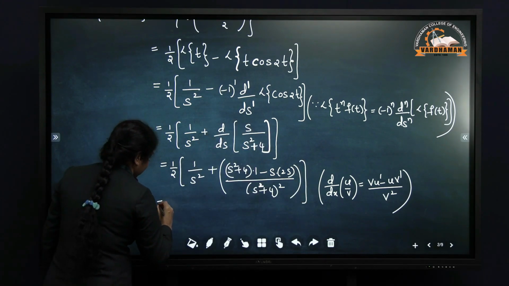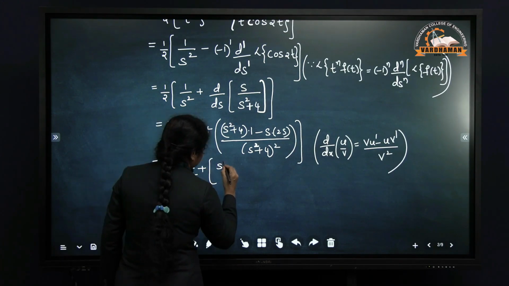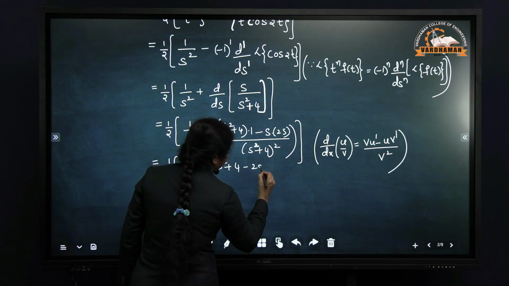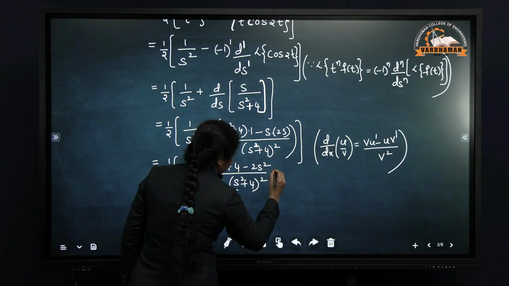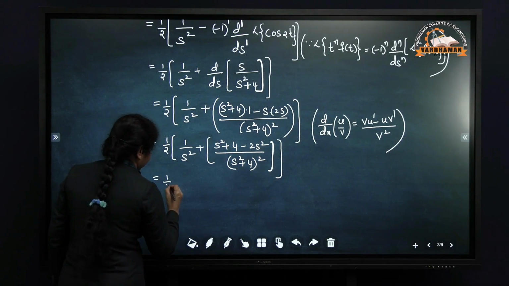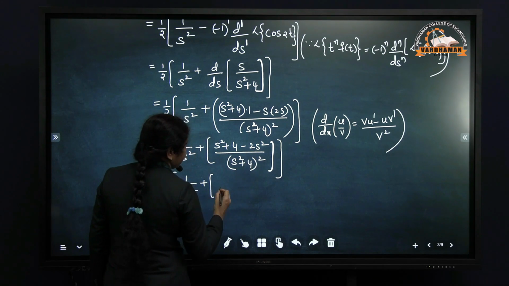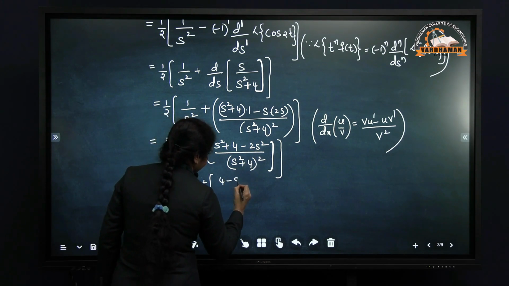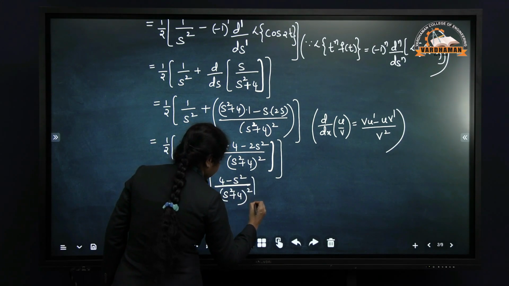So this equals 1 by 2 into [1 by s square plus (s square plus 4 minus 2s square) by (s square plus 4) whole square]. This equals 1 by 2 into [1 by s square plus (4 minus s square) by (s square plus 4) whole square], since s square minus 2s square gives minus s square.